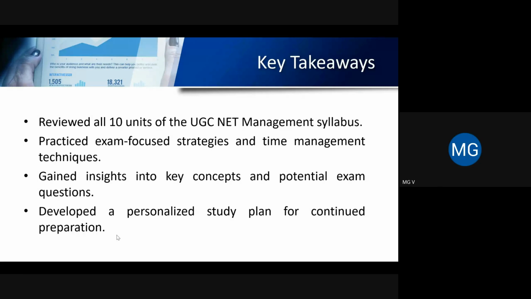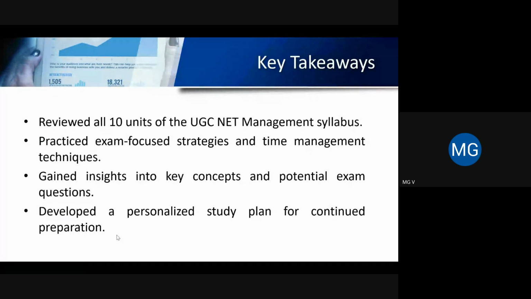Okay. So then you can practice exam focus strategies and time management techniques. See, this is something very, very important. Make it a habit in routine. This is my basic habit. I never left my paper unattempted, even if it is a class test. Plan accordingly. Time management is a must. If you try practicing time management in routine, then definitely you will be able to manage it in the exam.